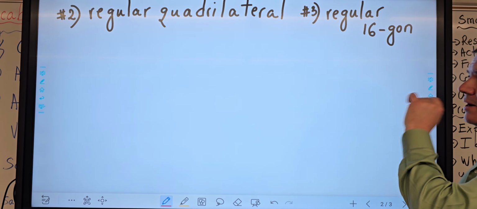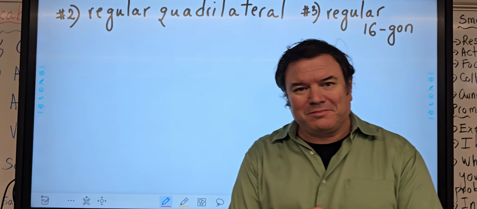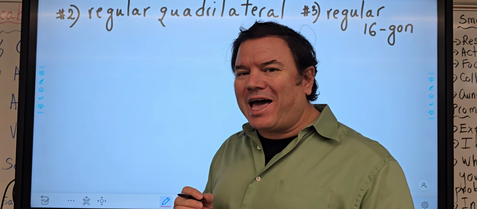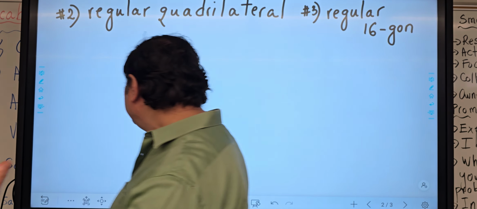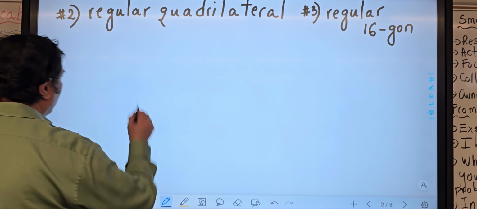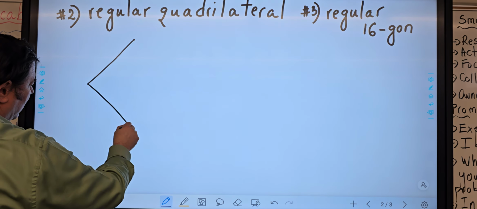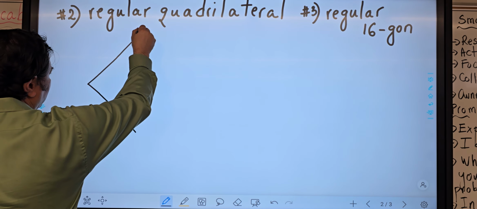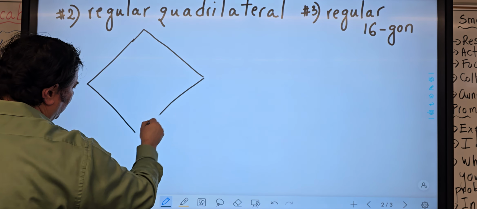Example number 2. Now here we have a regular quadrilateral. A quadrilateral has 4 sides. So a regular quadrilateral. Let's draw that. One side, another one. I do my best here. Another one and another one.